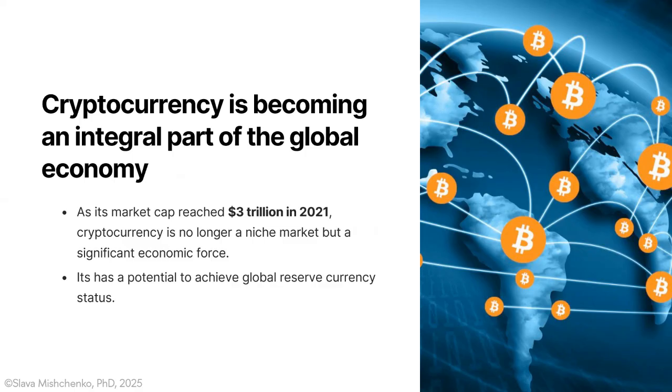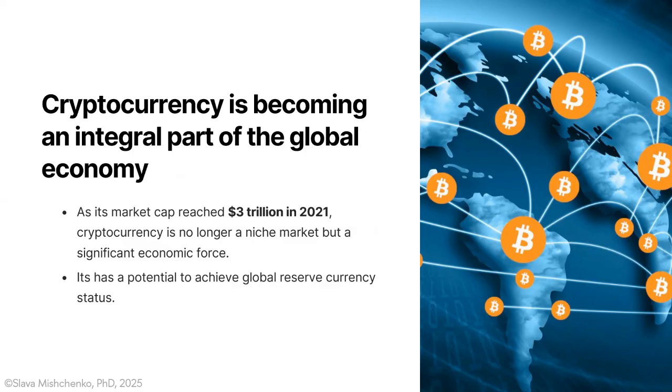And this isn't just speculation anymore. We are seeing major financial institutions, corporations, and even countries beginning to treat cryptocurrencies as a legitimate financial asset. So let me put this in perspective. Just a decade ago, many dismissed cryptocurrency as a passing fad.